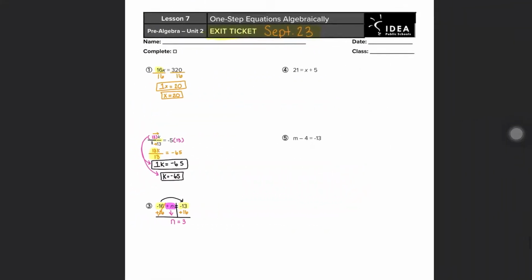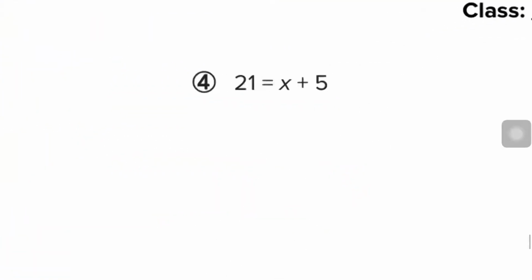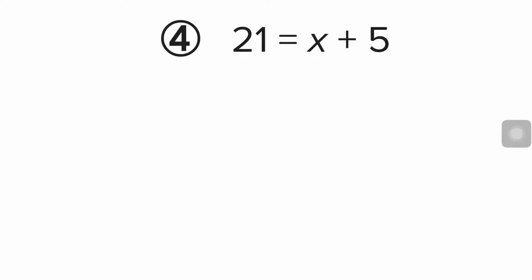Okay, let's go to number 4 now. Number 4 says 21 equals x plus 5. So same steps, class. I noticed that we have a constant of 21 and a constant of 5.